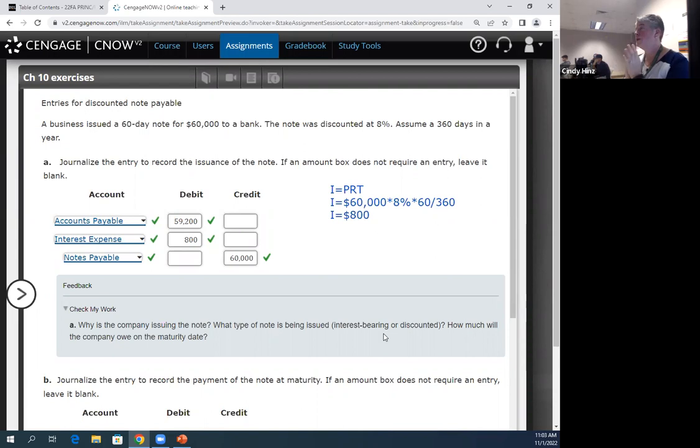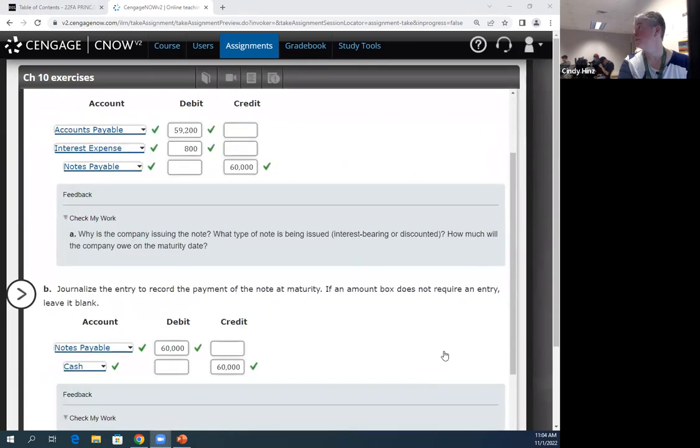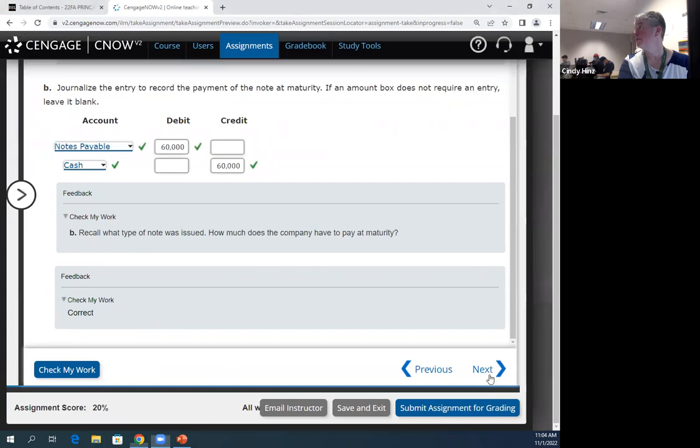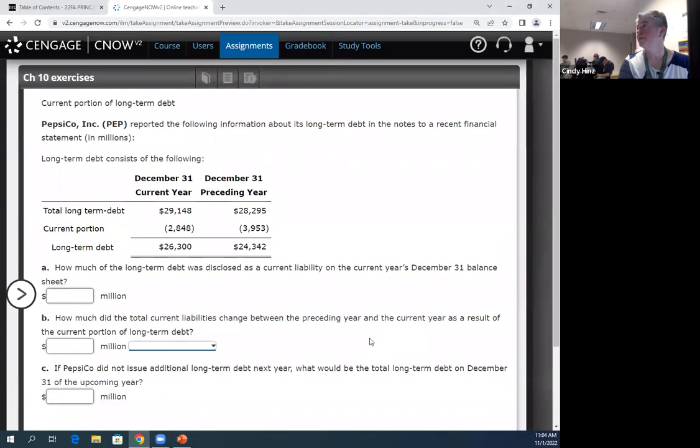If you're wondering which of these is more common, the non-discounted note, like we did in the first exercise today, is much more common. All right. Questions, anybody? Keep going.